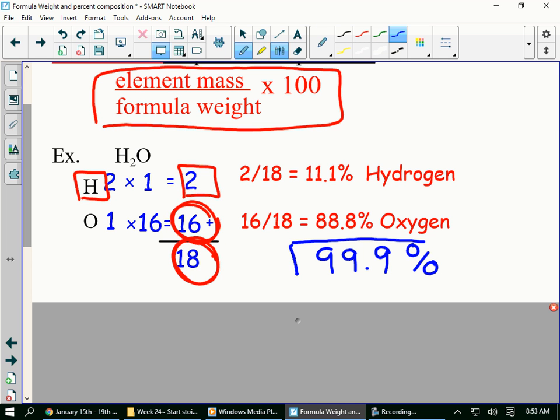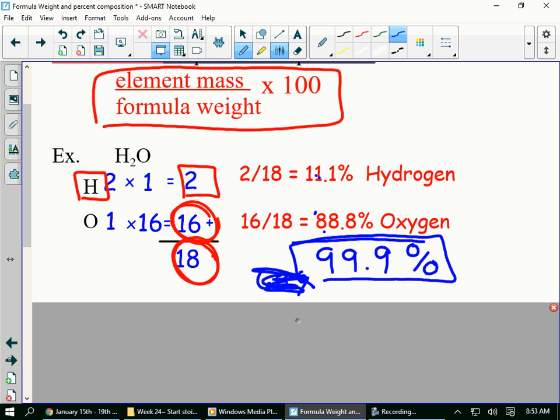But it has got to be pretty darn close. If you add these two together and you get like 68%, you're not going to say, oh, rounding. No, okay? It might be slightly over 100, it might be slightly beneath 100, but you can always check yourself. If you add up all your percentages and you don't get close to 100, you've done something wrong.